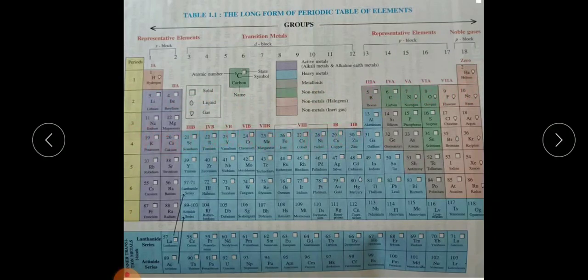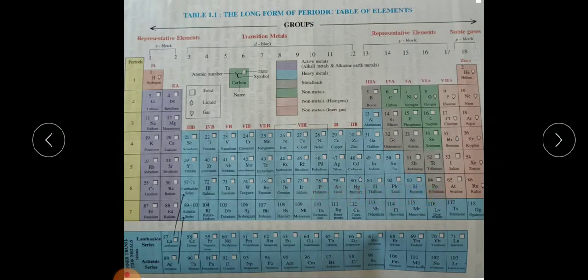Period 3 is also a short period as it contains 8 elements. Periods 4 and 5 are called long periods as they contain 18 elements. And periods 6 and 7 are called the longest periods as they contain 32 elements.